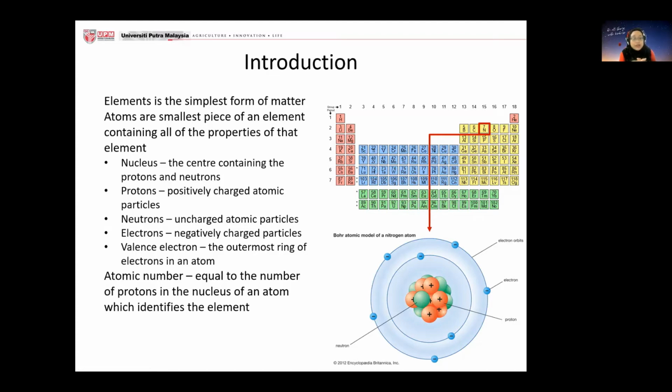FYI, the Bohr atomic model itself is a very simplified version. If you look further, there's an updated one where the atom doesn't actually look like this, where the electron is in the form of clouds.